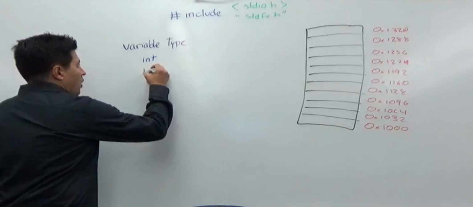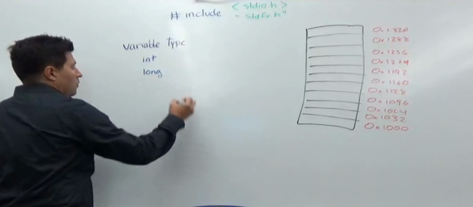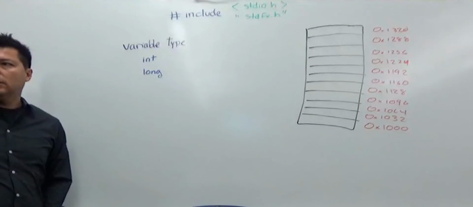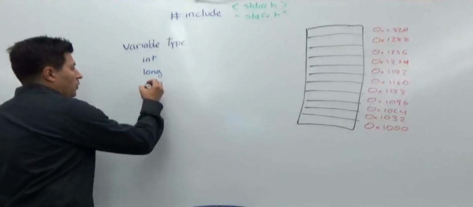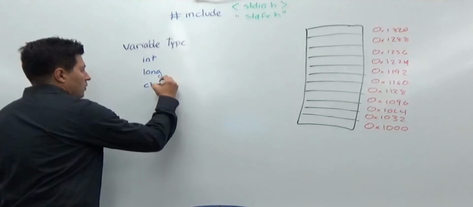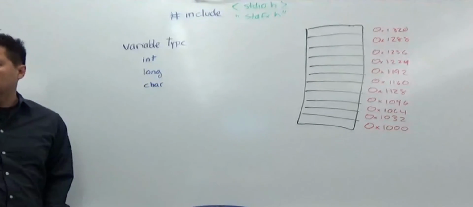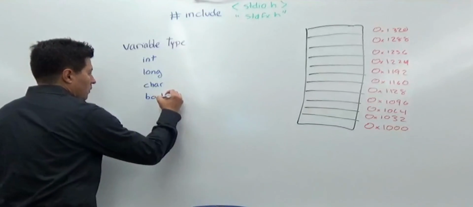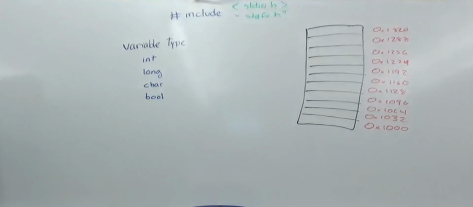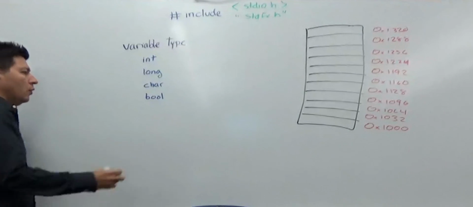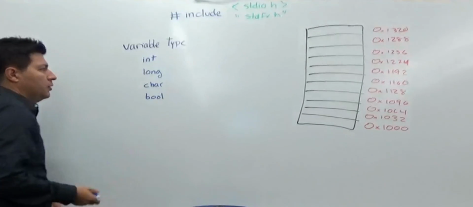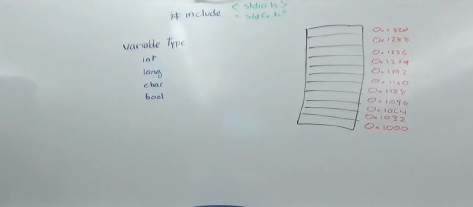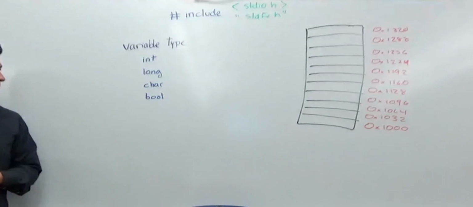We will use a long, which is 64-bit. We could use a character, which is 8 bits. We could use a boolean, which is 1 bit. There's a few others, but let's work on this today.